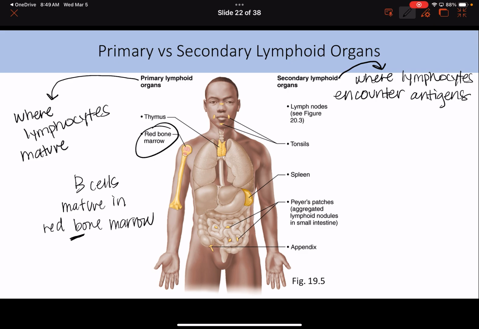And then our secondary lymphoid organs, where they're going to encounter those potentially pathogenic antigens or organisms, are our lymph nodes, which we'll talk about here in a second, tonsils as well, the spleen, the Peyer's patches, and the appendix. Now the tonsils, Peyer's patches, and the appendix, not the spleen, not the lymph nodes, but those three, are part of something called MALT.